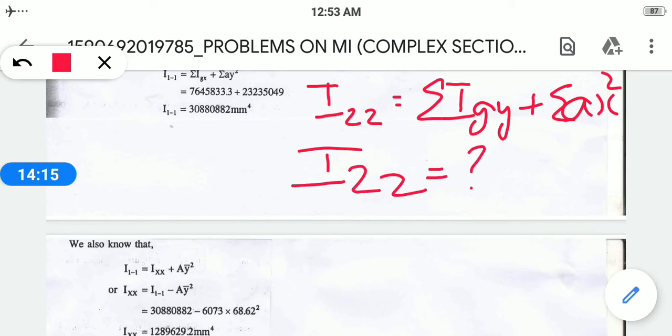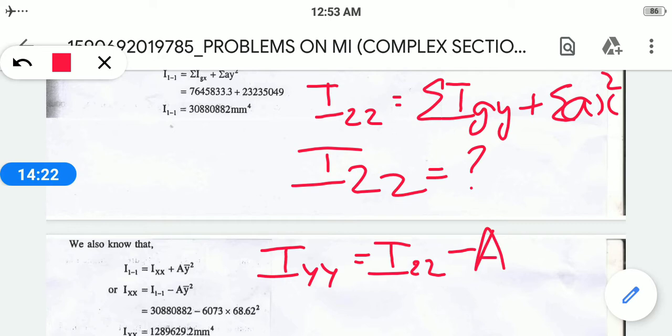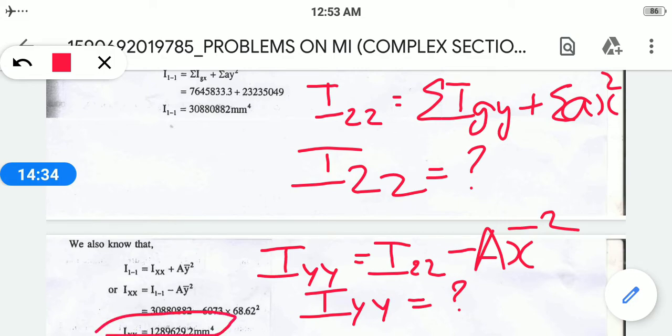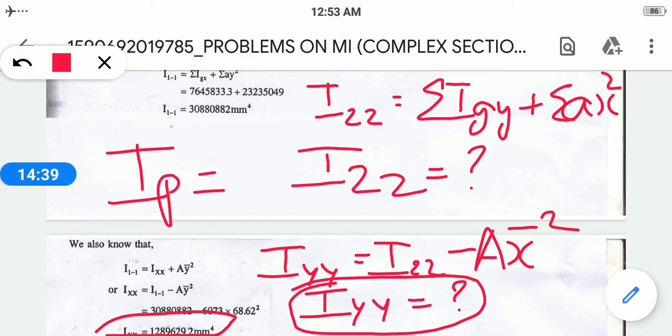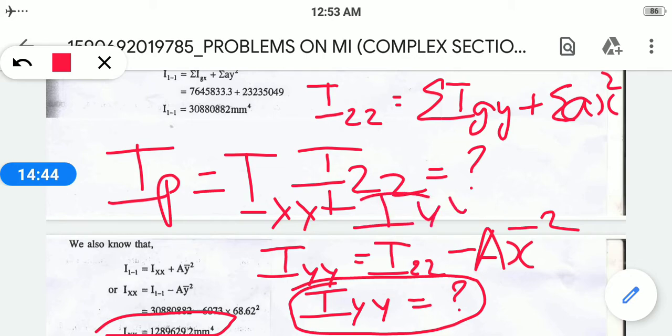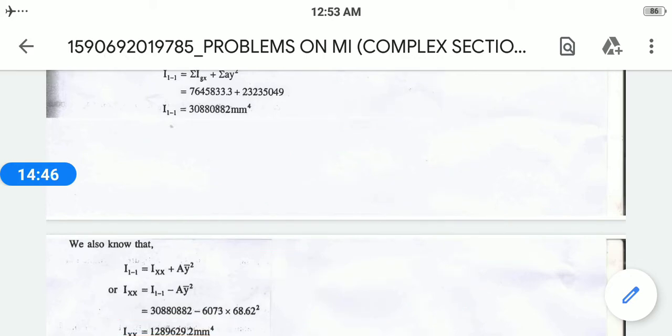After finding your I of 2 2 value, substitute in the formula I of yy is equal to I of 2 2 minus a x bar square. If you do that, you will automatically get the value of I of yy. After finding I of xx, and see already we have I of xx and we will find I of yy. So the polar moment of inertia will be equal to I of xx plus I of yy. This is the normal method when you adopt a table method of sums.